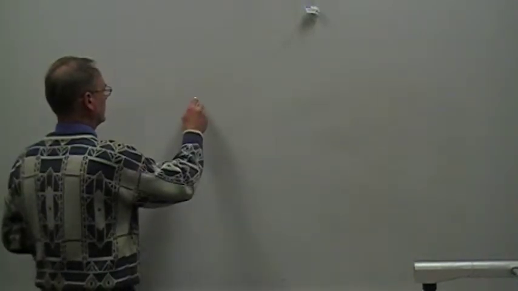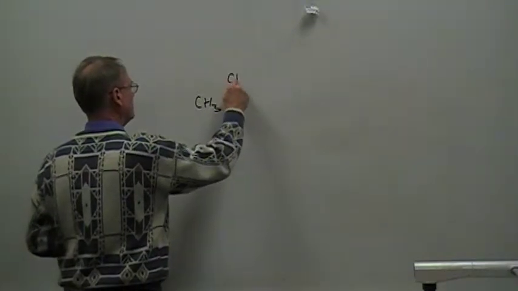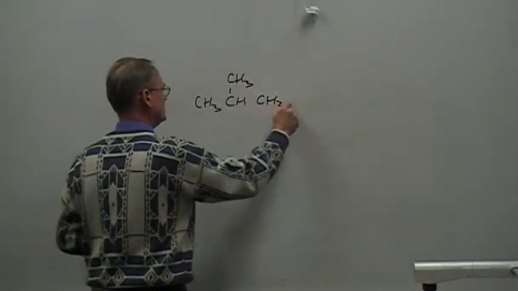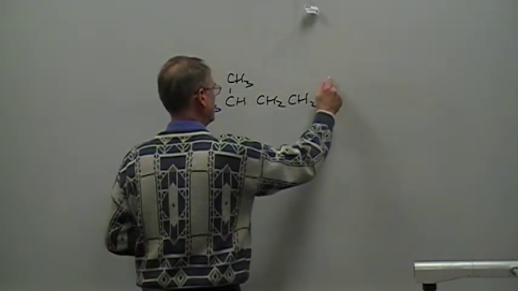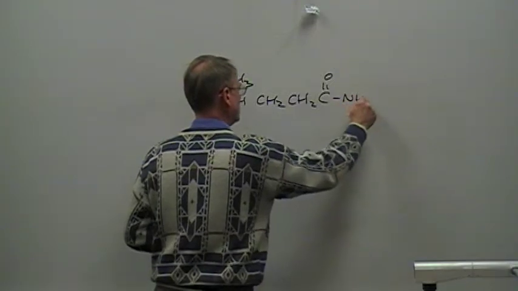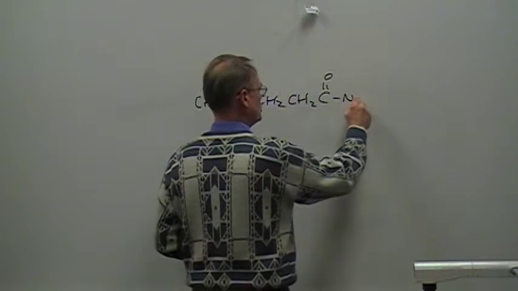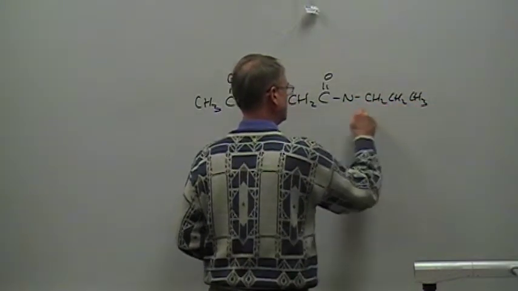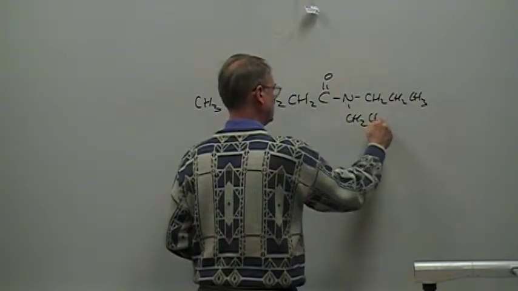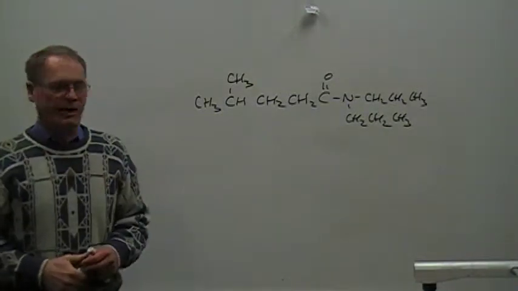See if you can name, and we'll work on it together, this compound. Let's put 2 propyl groups on the nitrogen this time. How are we going to name that compound?